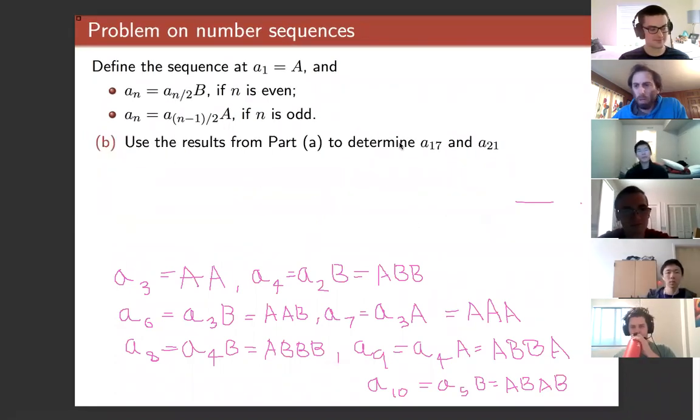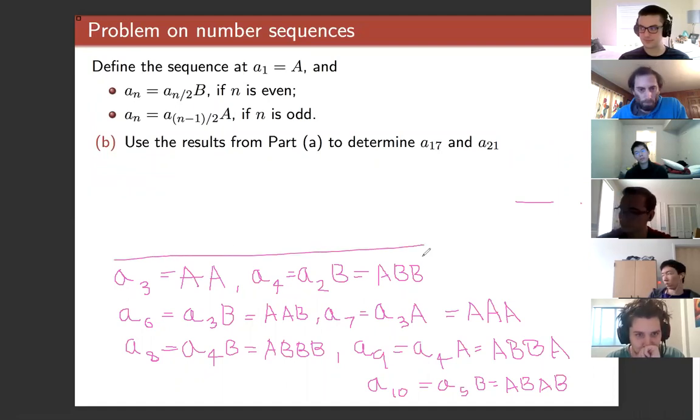So the second part, we're going to use part A to determine A17 and A21. All right. So let's get back to the drawing board. So A17, 17 is odd.